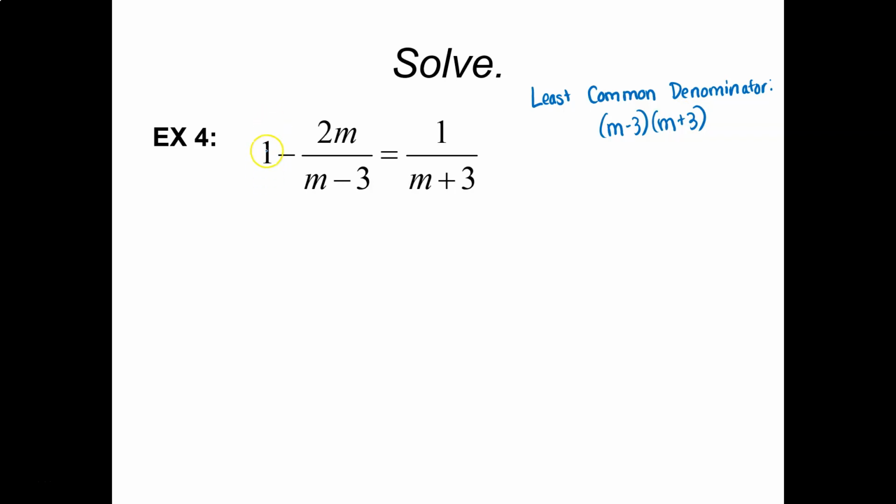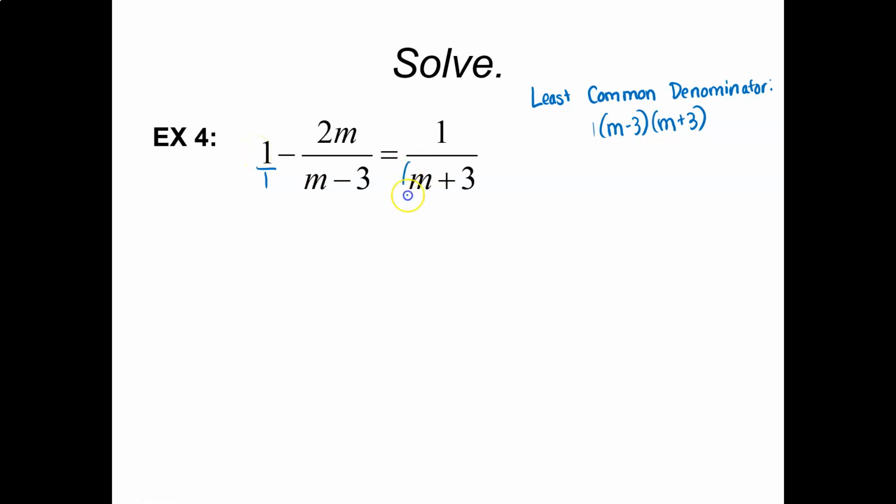And also don't forget this 1 right here, it also has a denominator of 1, but we could add the 1 right there if we want, but it doesn't change anything, right? So we have to get common denominators for every term. We don't want to leave this 1 out front. We got to deal with it as well.